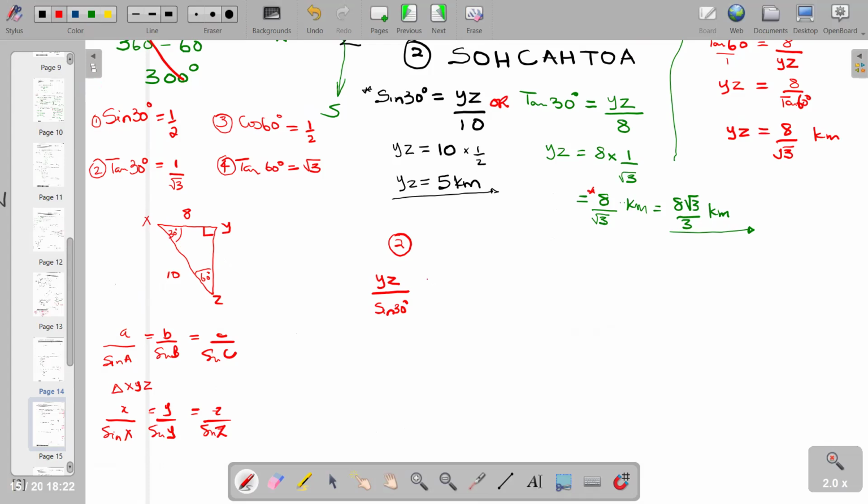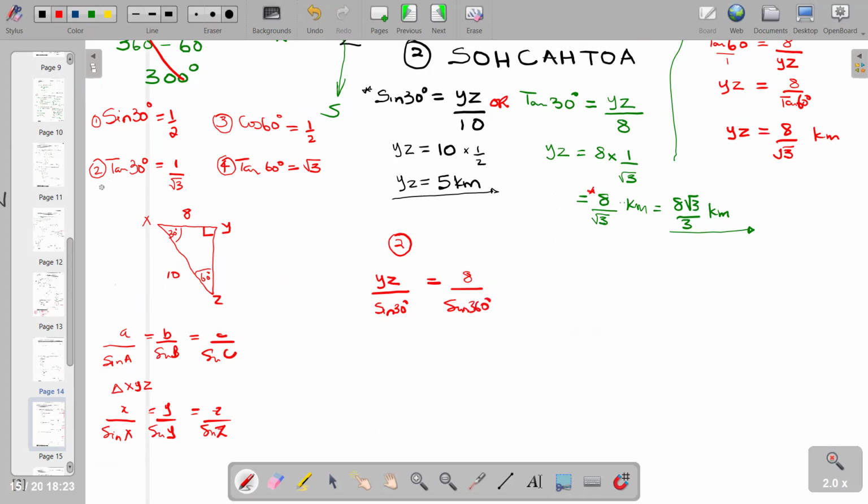is equal to, checking the other angles that we know, sine 60 degrees. Our side is on the numerator, so the side opposite 60 degrees is 8. So 8 over sine 60 degrees.